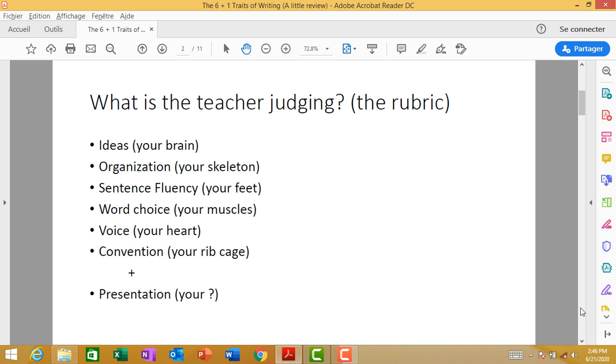So ideas would be referred to as your brain, organization your skeleton, sentence fluency would be your feet, word choice would be your muscles, voice would be your heart, conventions would be your rib cage, and it's for you now to tell me what presentation would be. Which part of your body would be presentation, but we can look at that later.